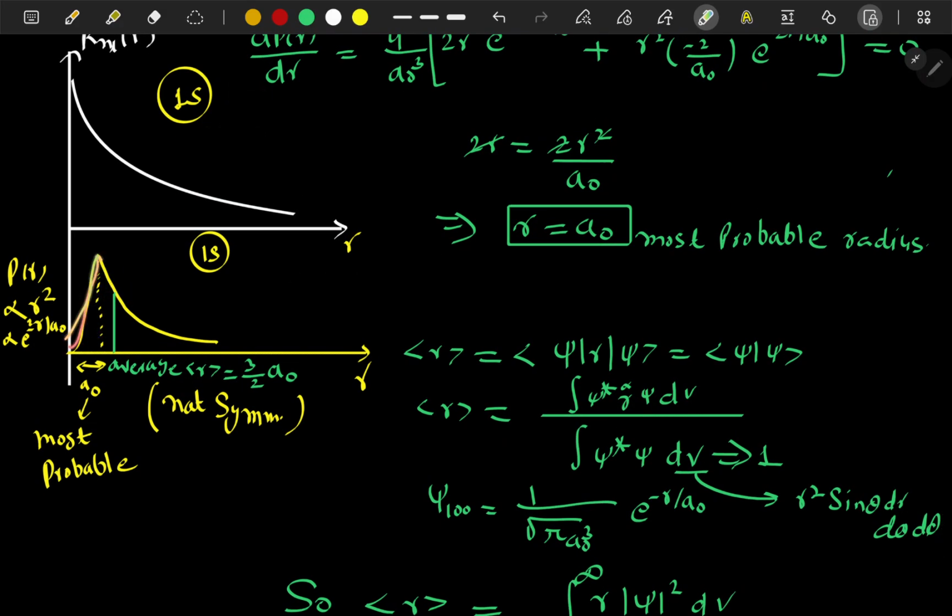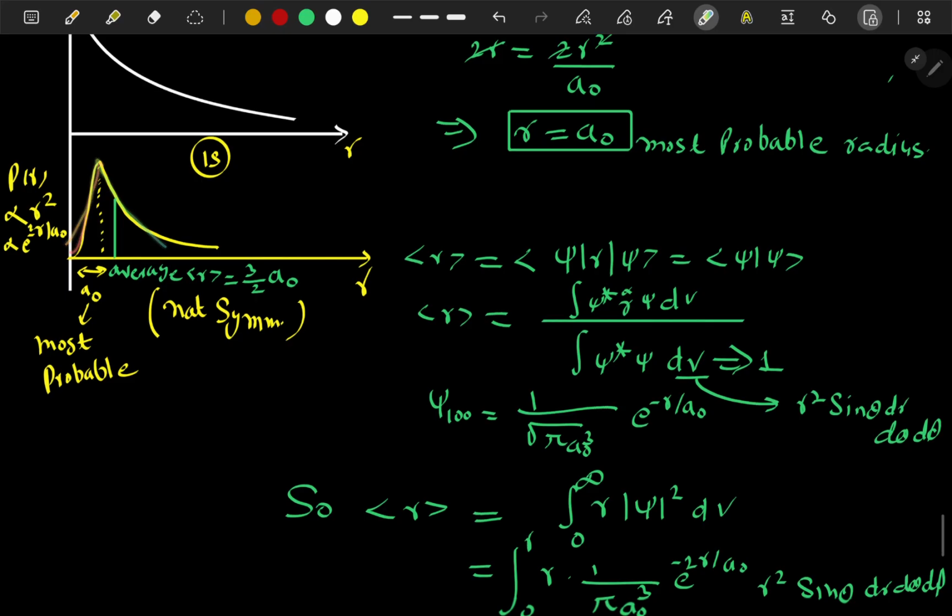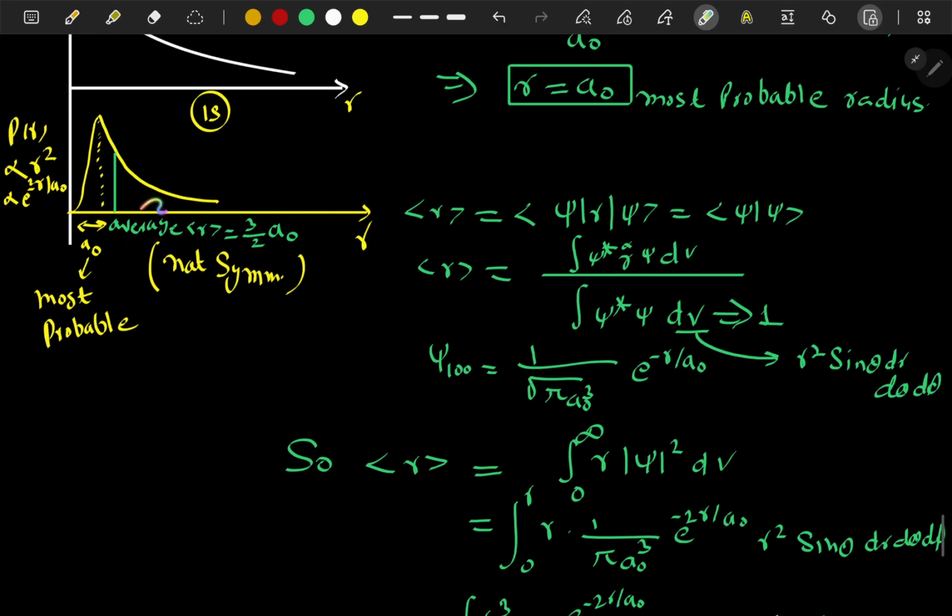For low values the probability will increase, and then it will decrease. Now which part is dominating? You can clearly see from the graph that the left hand side part is dominating, and the average value is 3 by 2 a naught. So you can clearly see it is not symmetric, and the most probable radius is a naught, while the average is at this part.